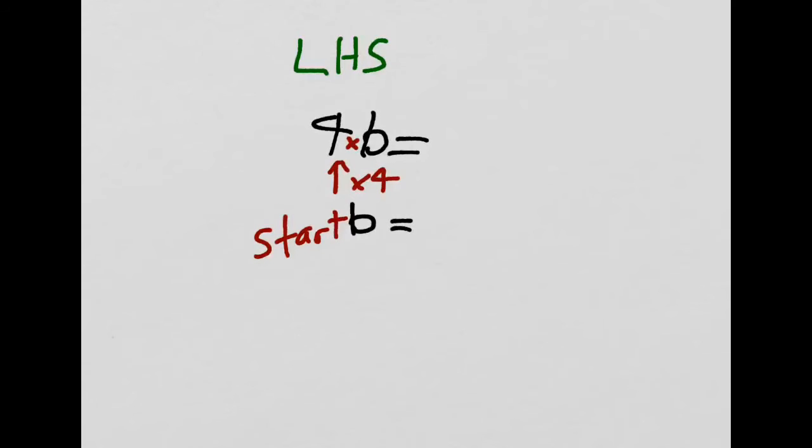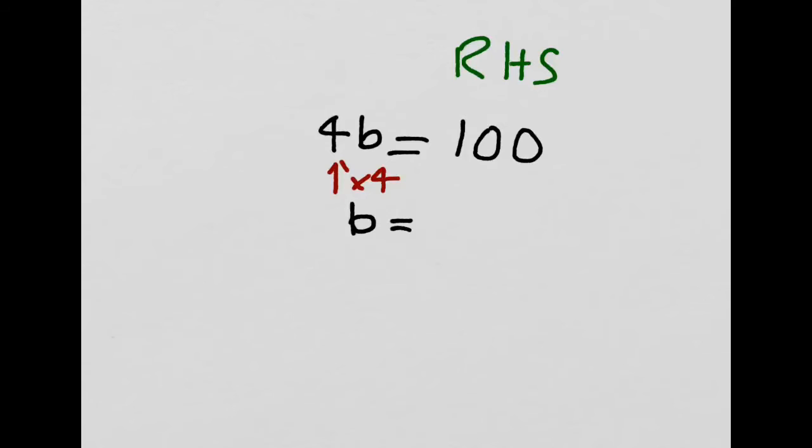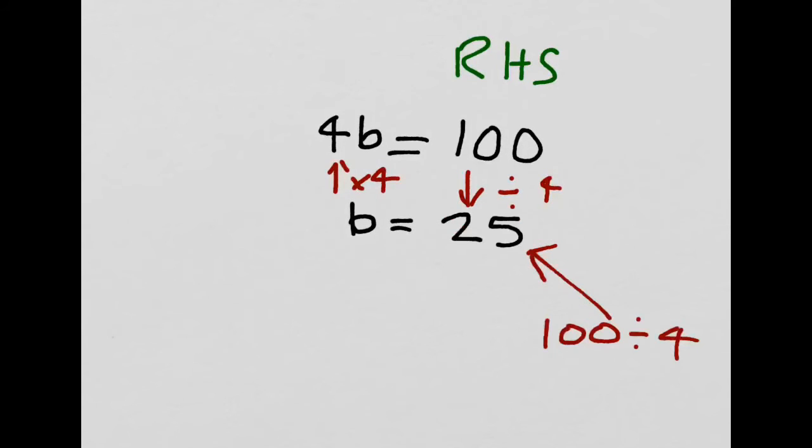So b times 4 is 4b. Now that we understand that, and we know that the right-hand side is equal to 100, if it's multiplied by 4 going up, it must be divided by 4 coming down. So without having to do any guesswork, we find quite confidently that b is equal to 25.